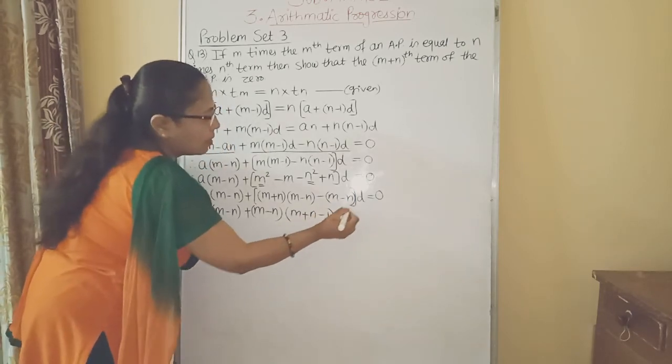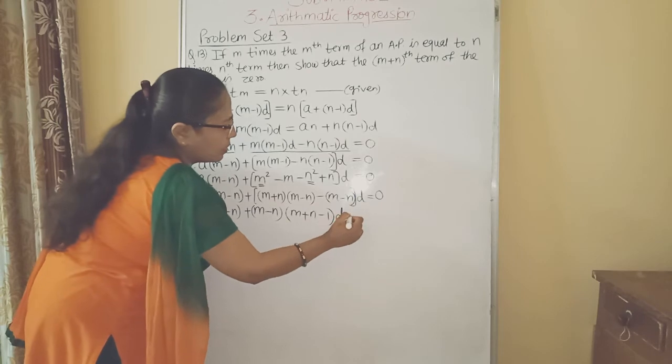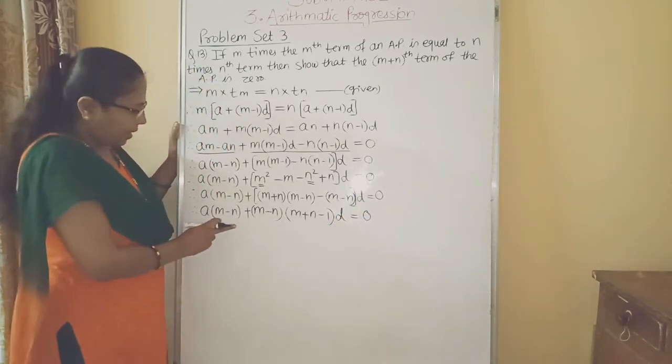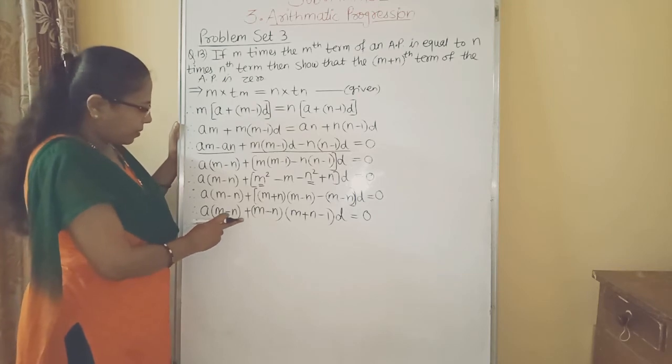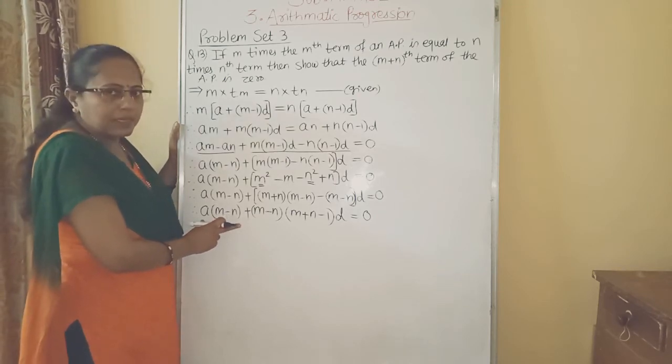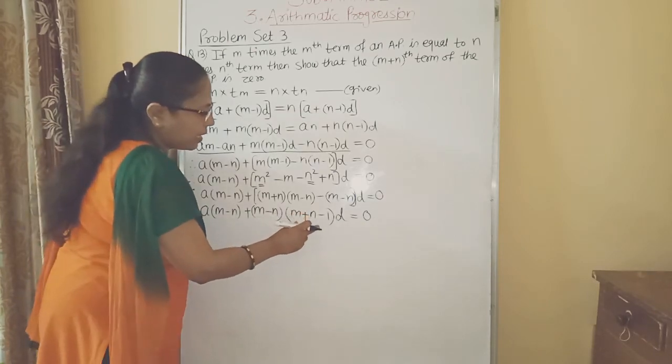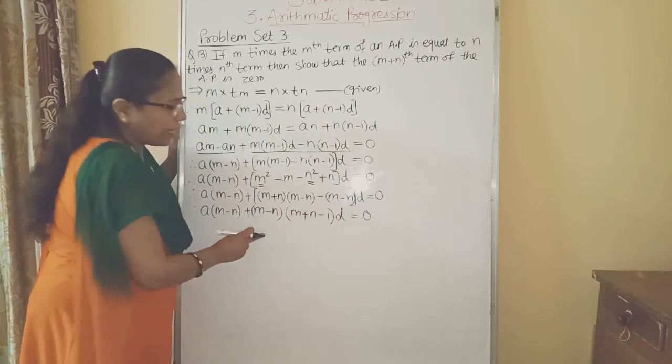Bracket close, into d equal to 0. Now again we have two terms here. a into m minus n is the first term. m minus n into m plus n minus 1 into d is the second term.